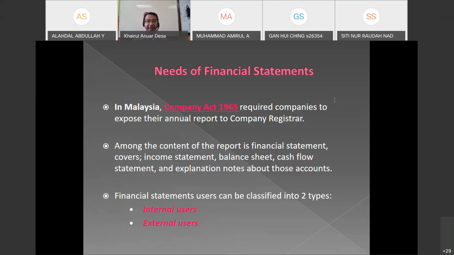Next, media, social media. Mainstream media juga melaporkan tentang kedudukan kewangan sebuah syarikat, tentang kedudukan kewangan Tabung Haji, KWSP, Proton, TNB, dan lain-lain.